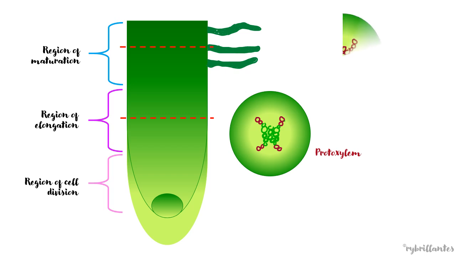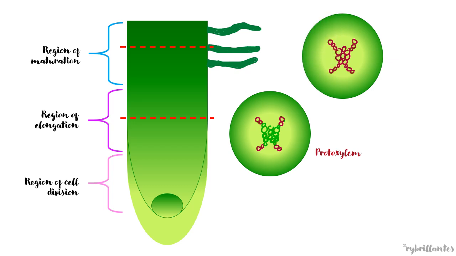The cells at the core have already developed also secondary walls and have accumulated lignin. So when stained with safranin, they also appear red. That's why this group of cells are referred to as metaxylem, because they developed later.